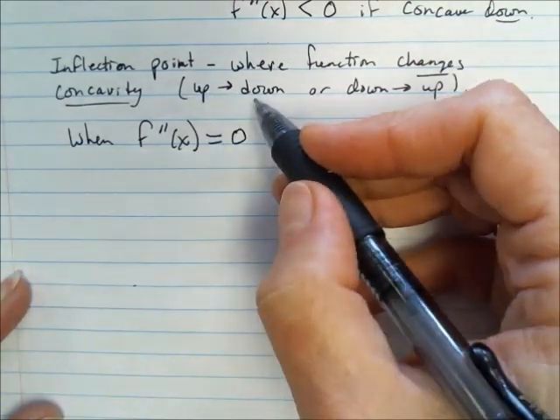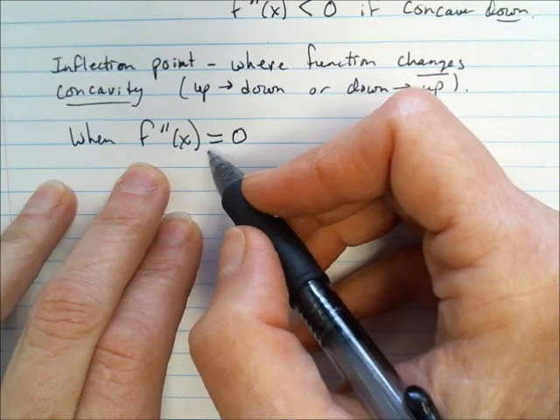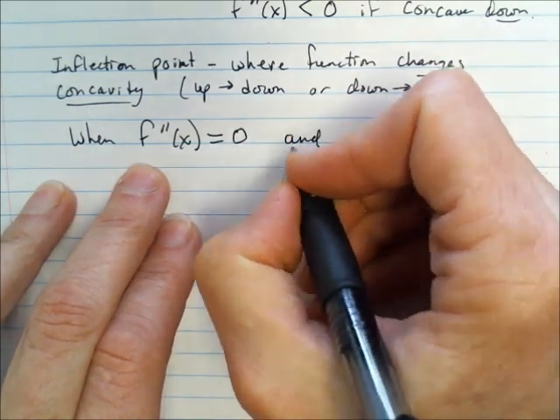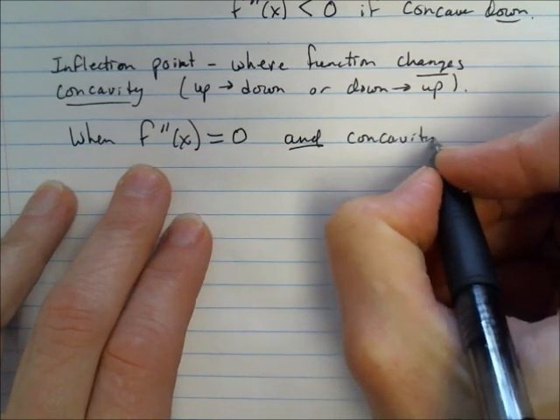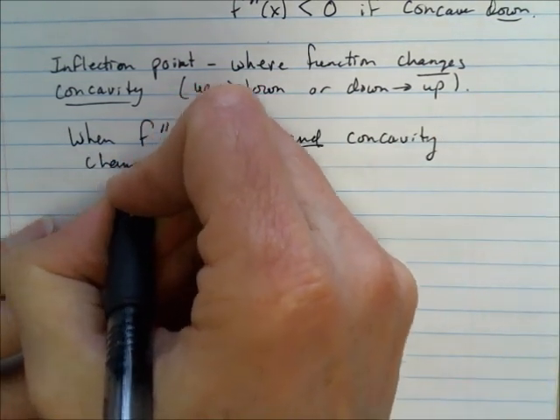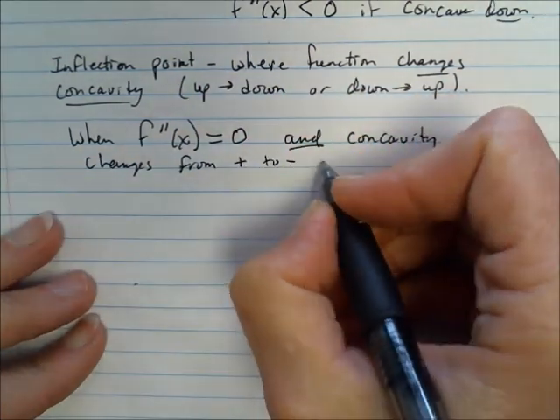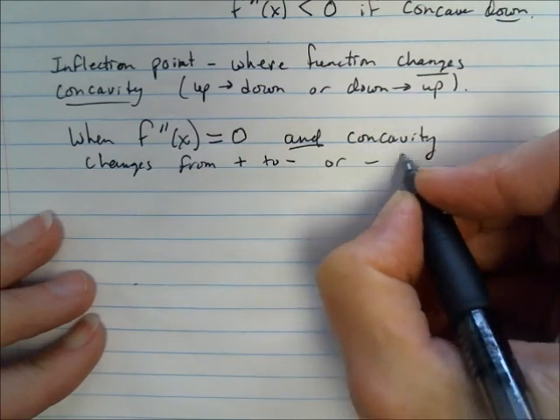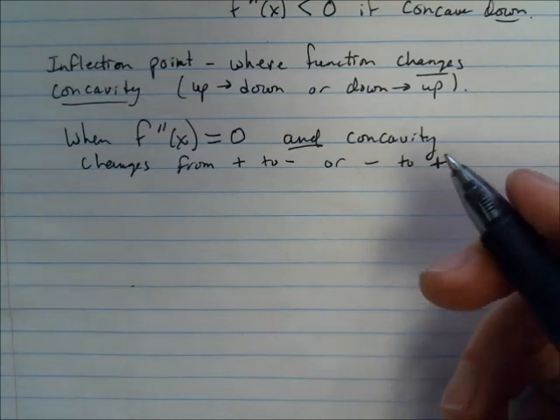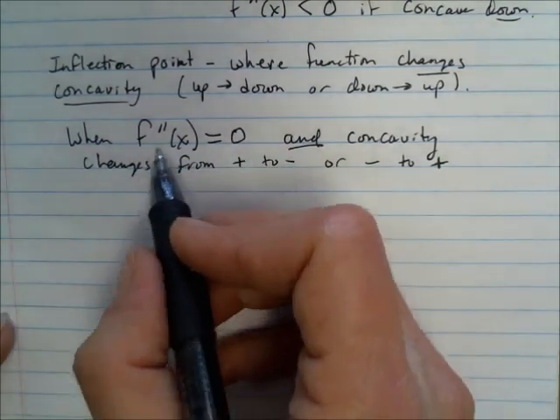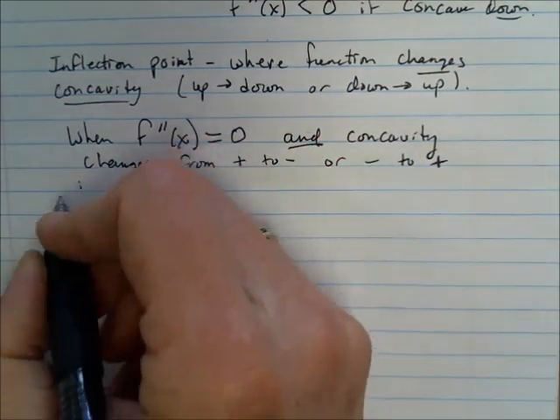That would be a possible inflection point, but when the second derivative is equal to 0 and the concavity changes, from positive to negative, or negative to positive, which means we're going to talk about a sign table of the second derivative also. So that's when you have an inflection point, but the second derivative has to be 0 there.